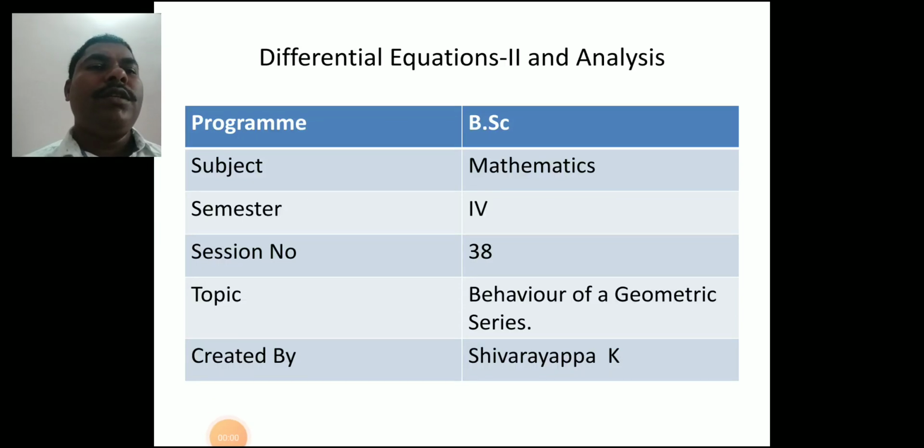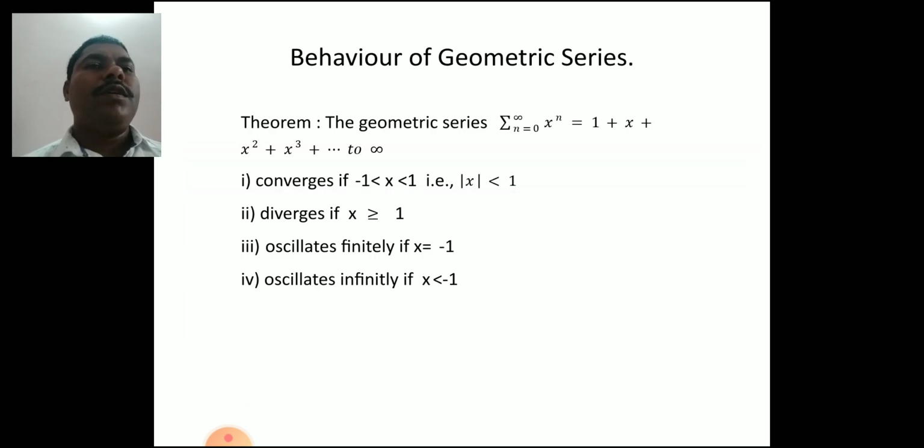In this session, we have to discuss the behavior of a geometric series. Here we have a theorem. The geometric series summation n equal to 0 to infinity x raised to n, equal to 1 plus x plus x square up to infinity.